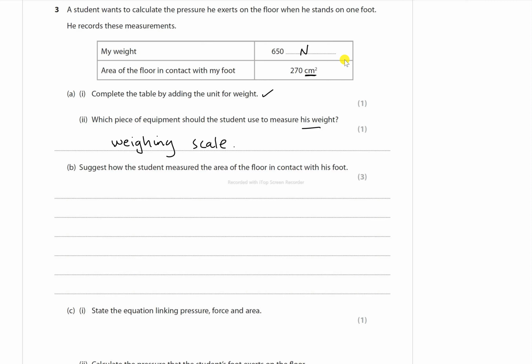Suggest how the student should measure the area of the floor in contact. So first of all, he drew around his foot on centimeter squared paper.